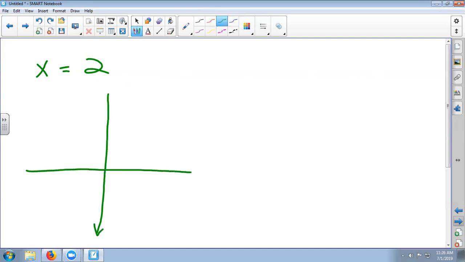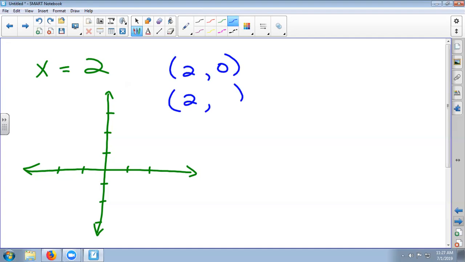What that means is the y value does not matter. What is x equal? What is y equal? Doesn't matter.